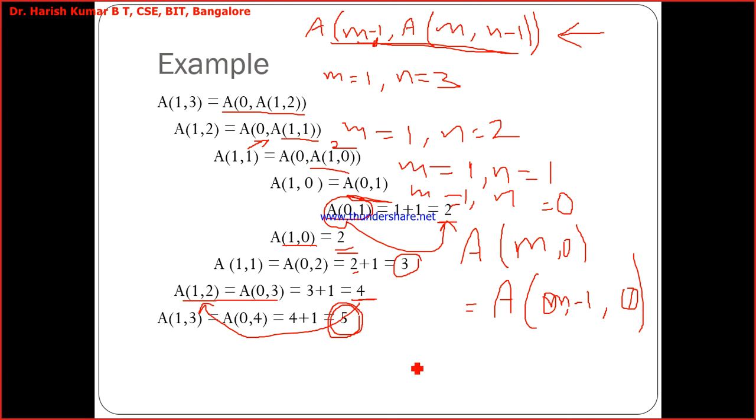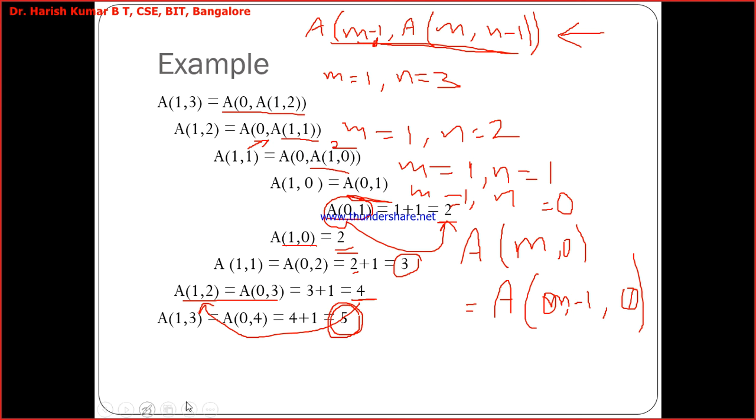Is it clear? Okay, now I want you to do it for A of 1 comma 4. Since it is of the third equation form, keep applying the definition of the third equation until you get A of 0 comma 1, and then backtrack to get the value of A of 1 comma 4.